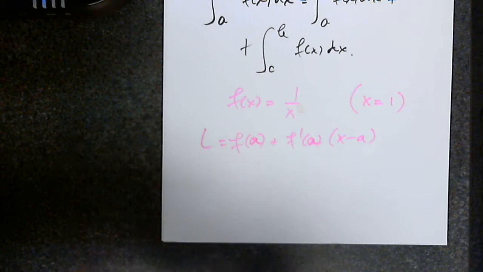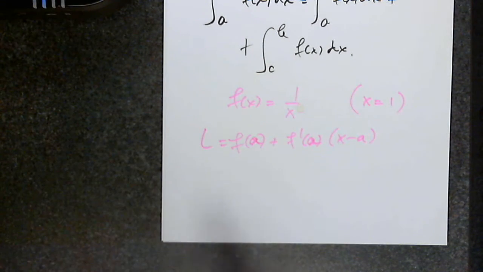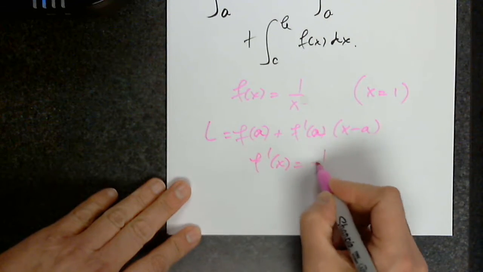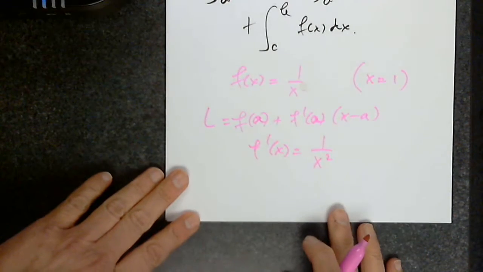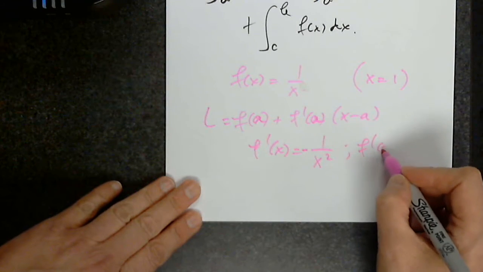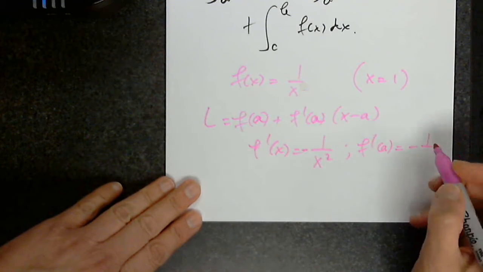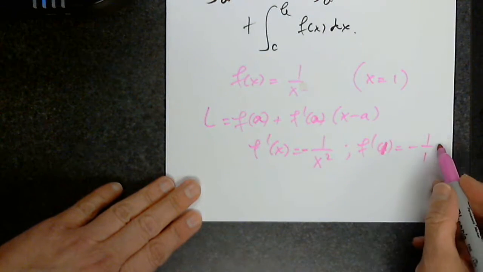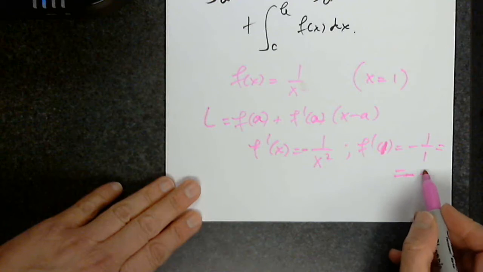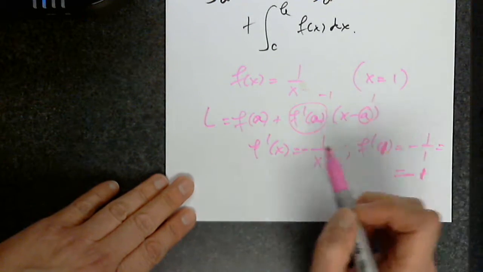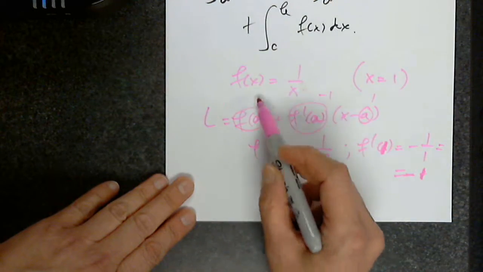Okay. So f prime of x equals 1 over x squared, negative, of course. So f prime of a will be negative 1 over 1, so it's negative 1. So this piece is negative 1, this is 1, and f of 1 is 1.